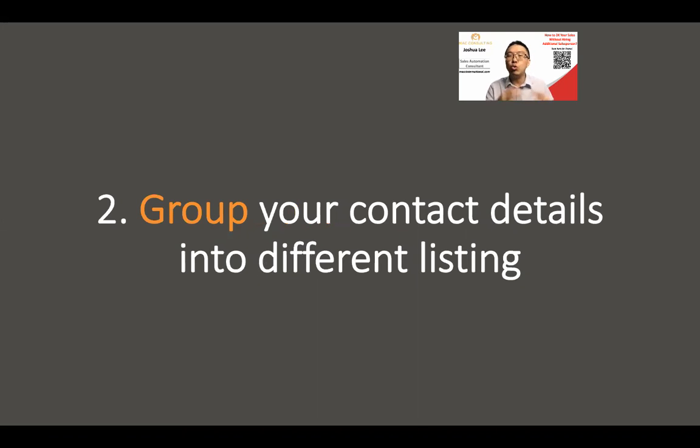It helps you to group your contact details into different listings. Now, you use Google Form A for your webinar that you did last month. Then this month you do another webinar, and then you save into Google Form B. And the next time you run another webinar, you set another form, Google Form C. So can you see that you have 3 different Excel files right now?